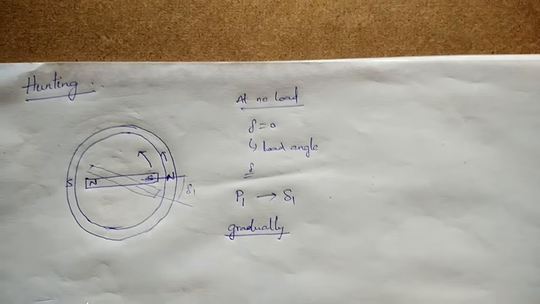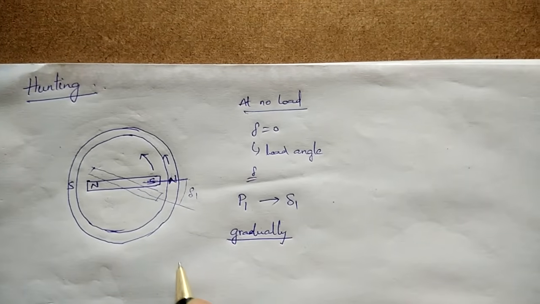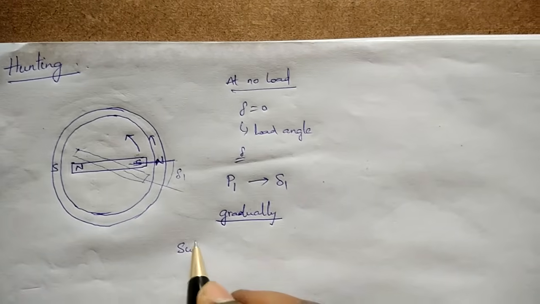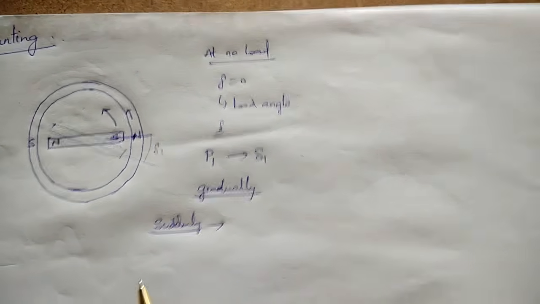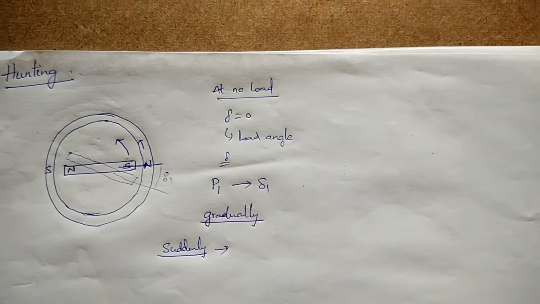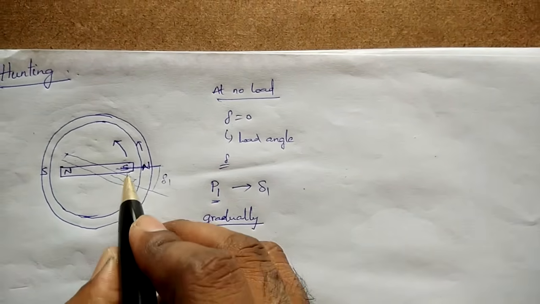Now, what is hunting? If you increase the load gradually, this will happen. If you put the load suddenly, then hunting will occur. You are putting the load P1, so this is delta 1.